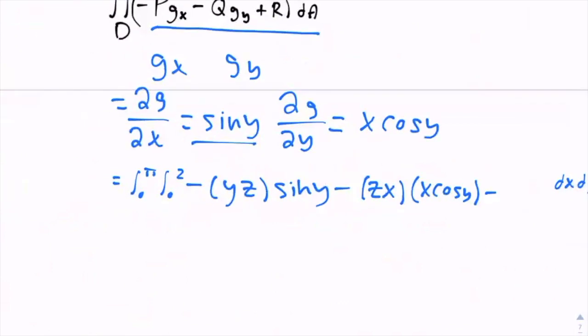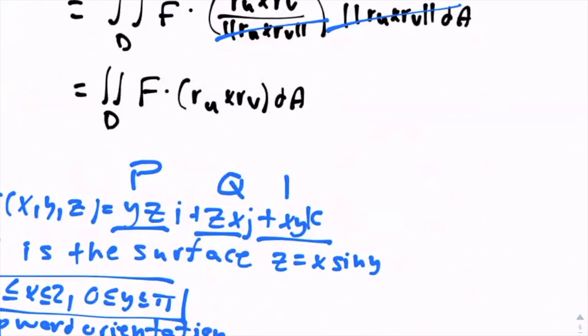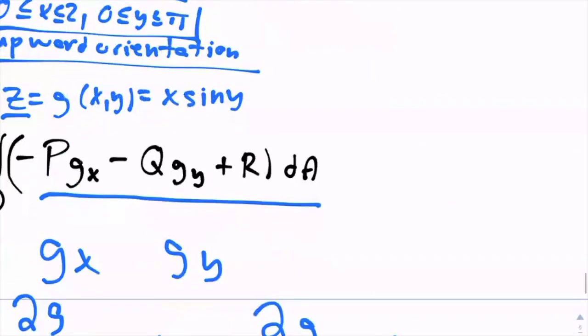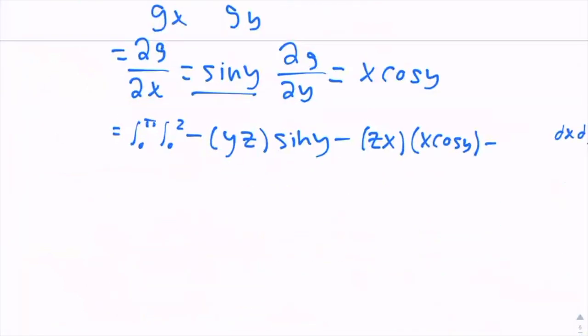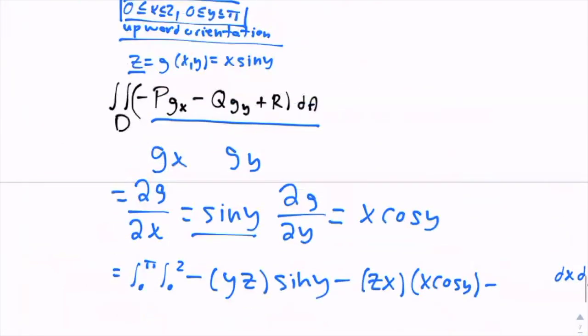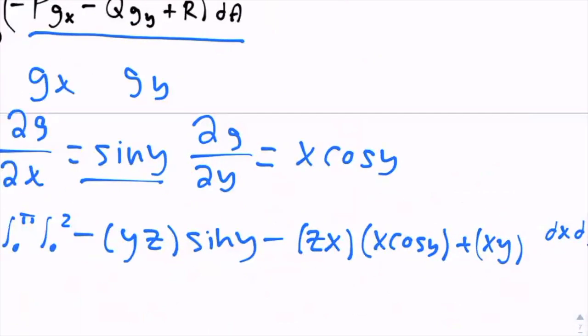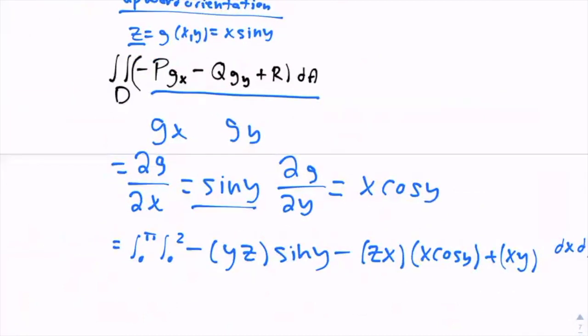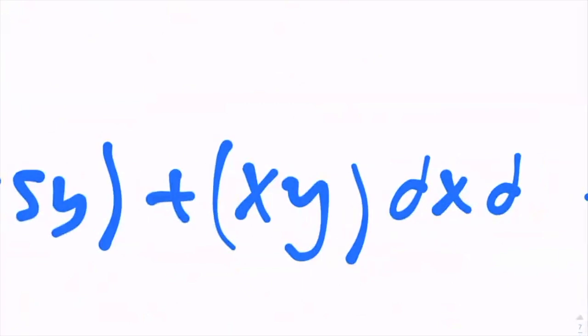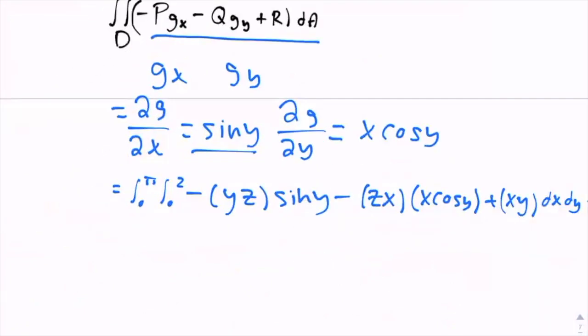And then a final R to fulfill our equation. Sorry, not minus, plus. And there we go, we have our vector surface integral. Evidently my dx dy got cut off, but not to worry, we have that in.